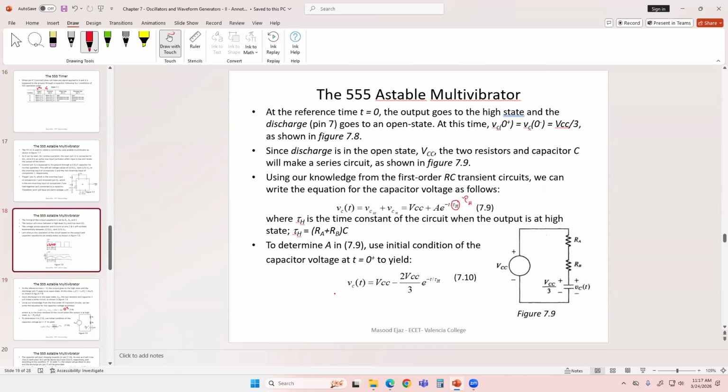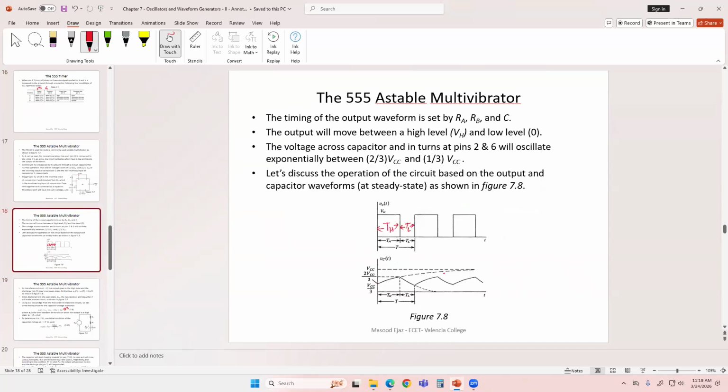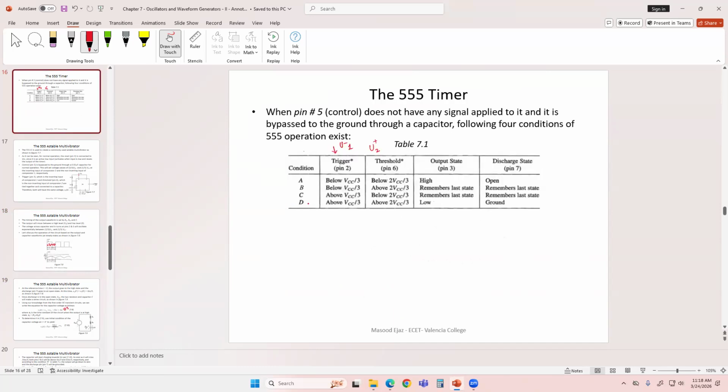So it's going to start charging. Remember, it's charging towards VCC, but before it hits VCC, it's going to hit 2 VCC by 3. As soon as it hits 2 VCC by 3, this condition is going to be true because pin number 2 and pin number 6 are tied together. Pin number 6 is above 2 VCC by 3, and likewise pin number 2 is above VCC by 3.